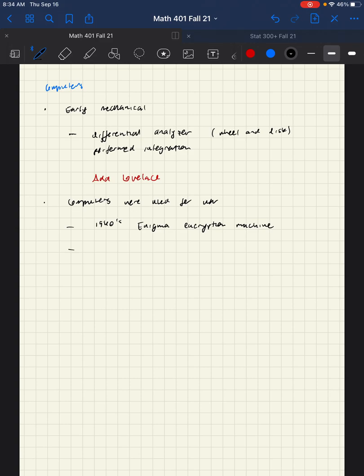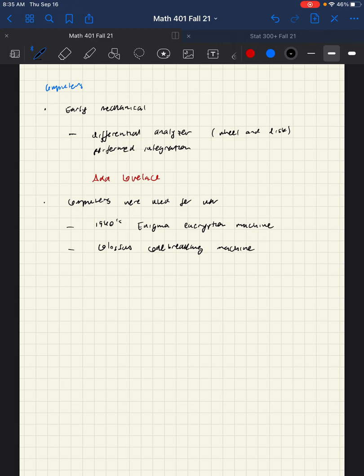In that same time period, the Allied forces developed the Colossus code-breaking machine. There were other methods for code breaking.